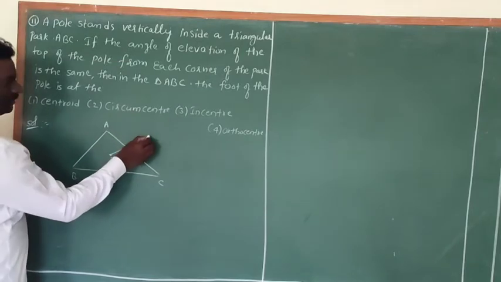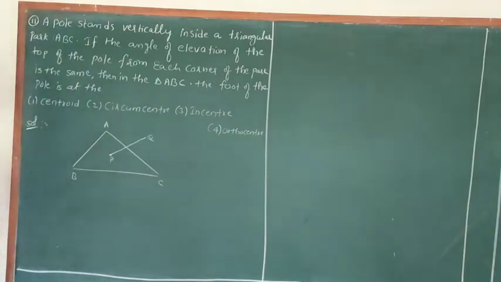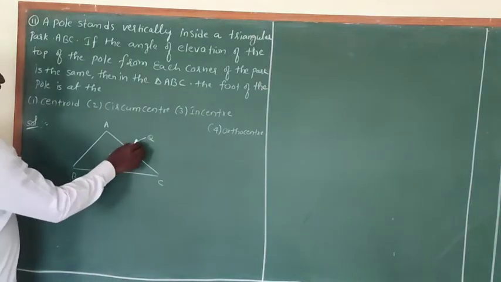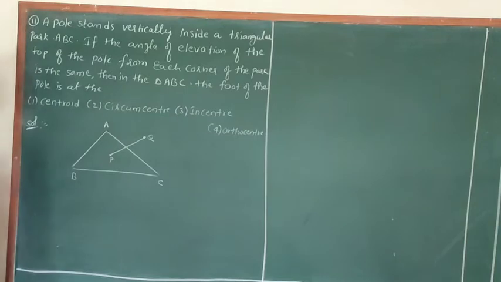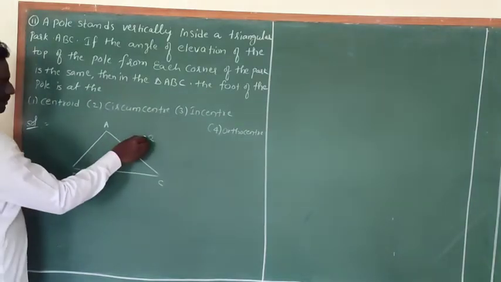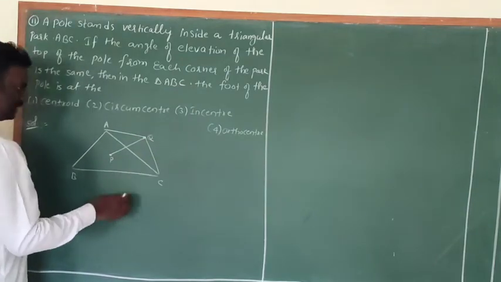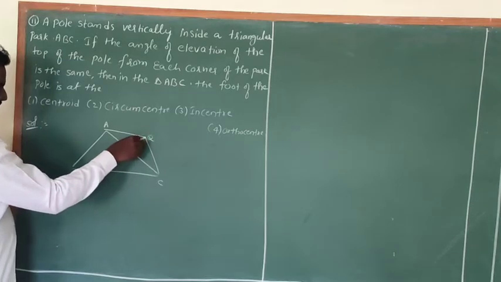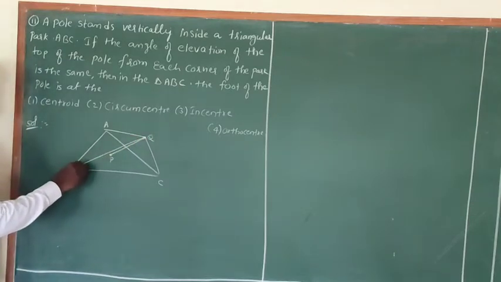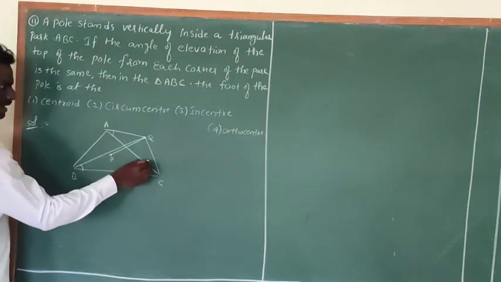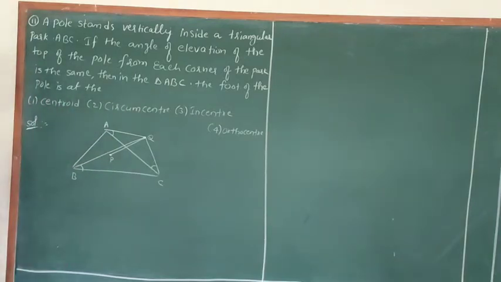In the question they mention the top of the pole makes the angle of elevation from each corner, that is nothing but this angle, this angle and this angle are the same, then in the triangle ABC.